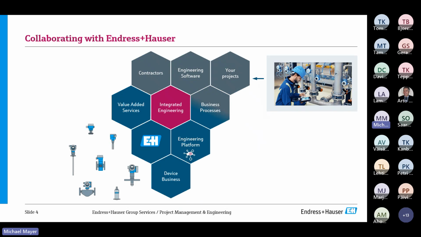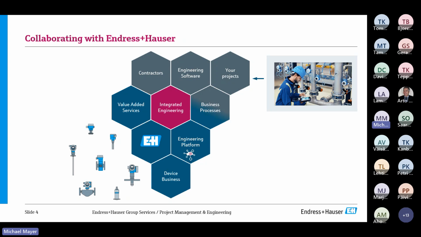Quick overview of how we work together with customers, what is integrated engineering. Basically, our customers are working on projects, engineering software. They have contractors like EPCs and, of course, business processes on their side. We visualize this a bit with tiles.